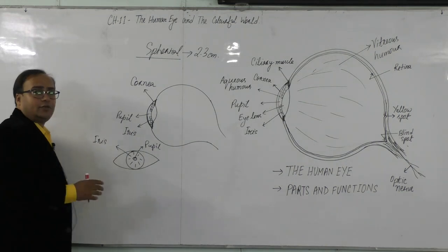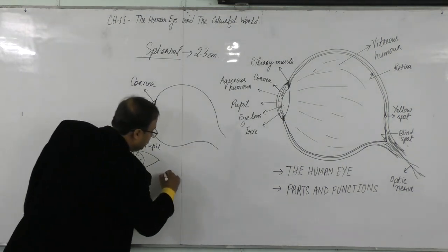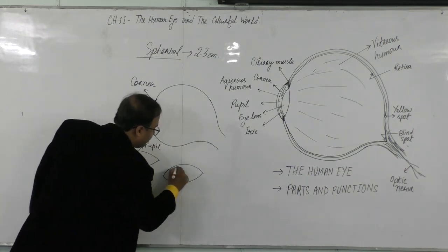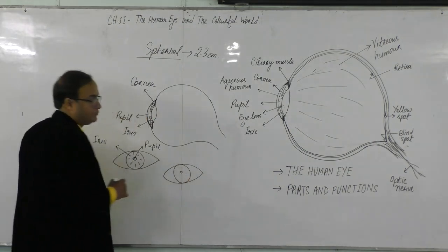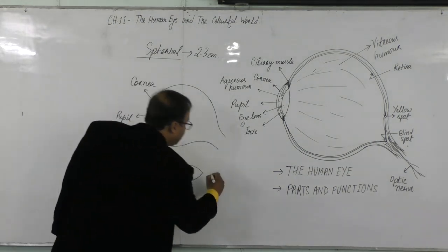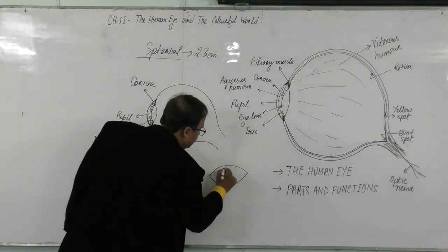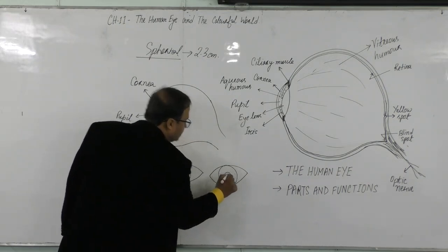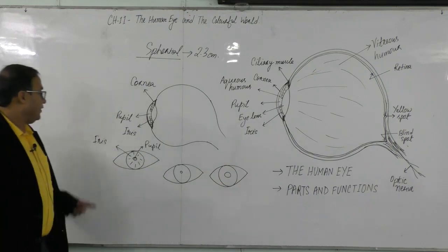When the intensity of light outside is very high, like in bright sunlight, if you go into the bright sunlight, the size of the pupil gets reduced. When you are in dim light or you are sitting in darkness, at that time the size of the pupil gets increased. And this adjustment is done with the help of the iris.